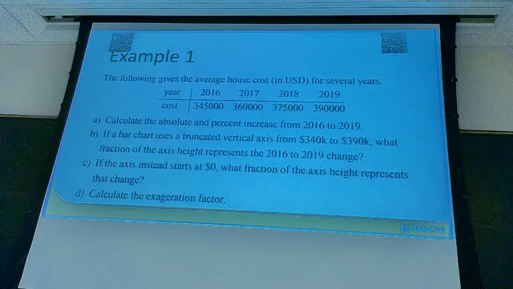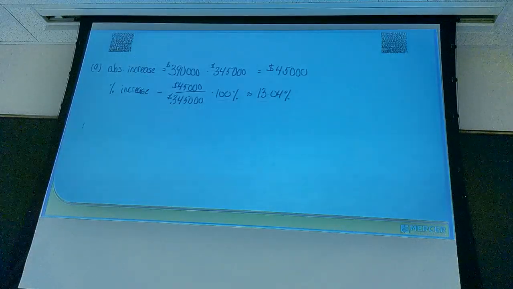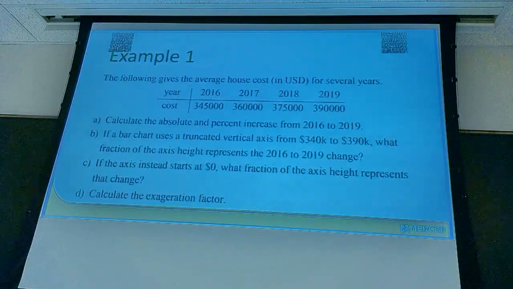Okay, so now the bar chart uses a truncated vertical axis from 340 to 390. What fraction of the axis height represents the 16 to 19 change? Well, we already know the change. It's 45,000. But the vertical axis goes from 340 to 390.